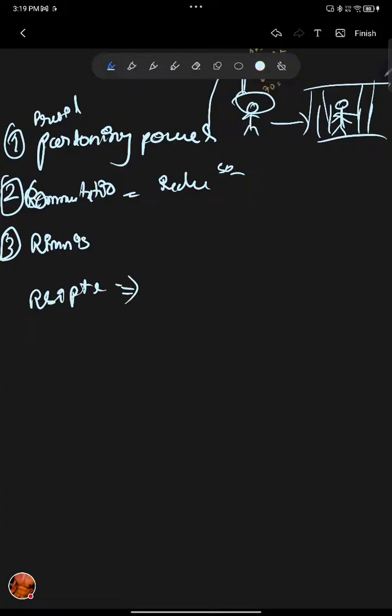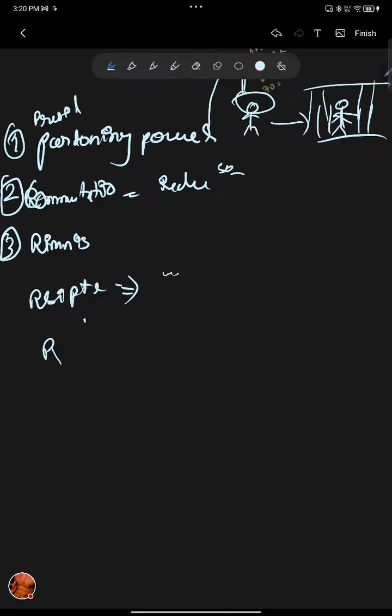Then respite: the punishment changes on the basis of health. Like if someone is not well, he gets changes on his health basis. Then reprieve is to hold, like a stay on the punishment.